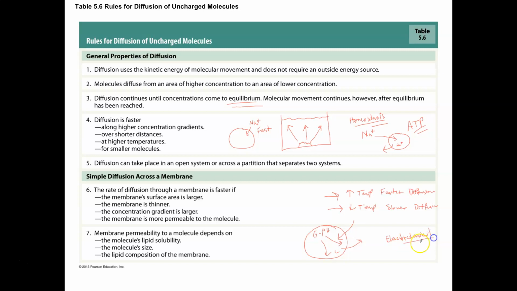We talked about the chemical, high concentration to low concentration, but there's also electrical attraction and repulsion to consider when you're looking at ions. Since ions have a charge, opposites attract, like things repel. And so electrical forces come into play that will affect the diffusion of an ion, not just the chemical concentration gradient.